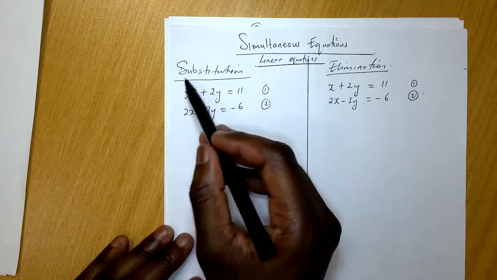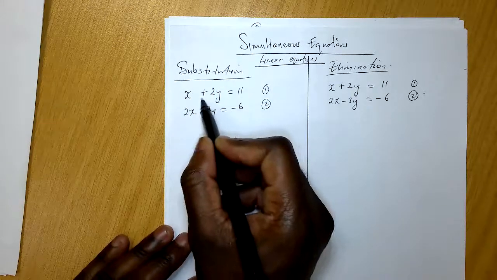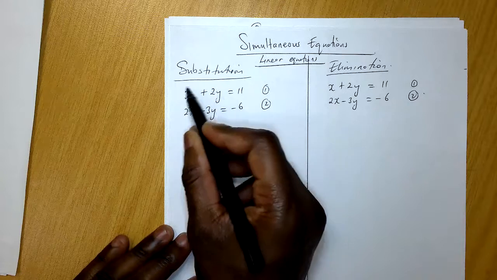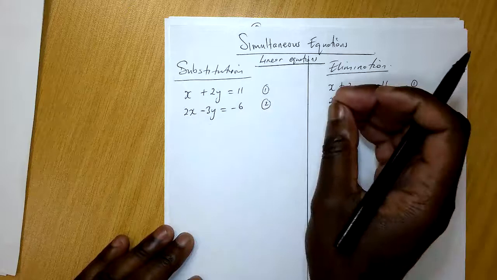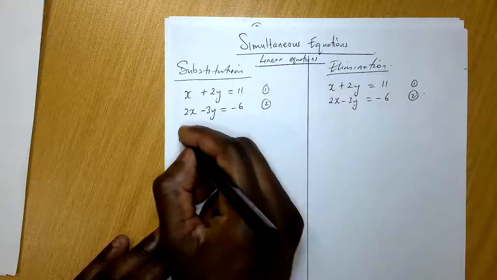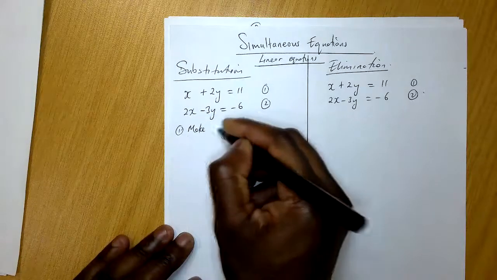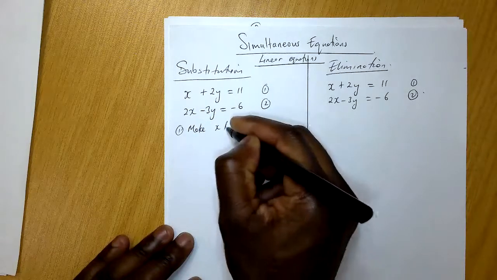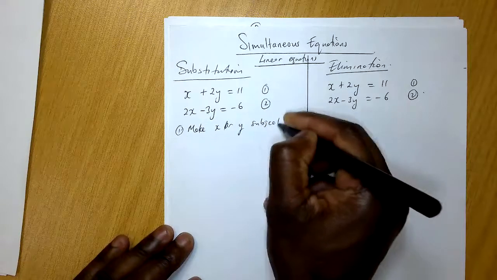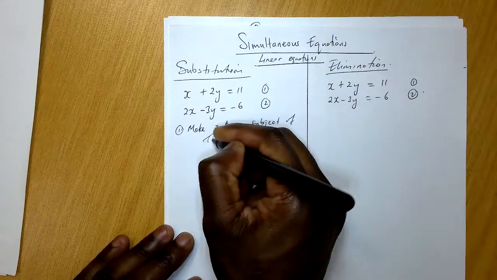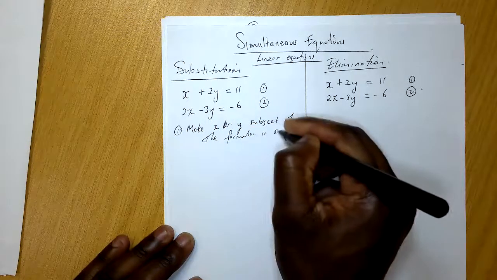So by the substitution method, the first step is to make x or y the subject of the formula in one equation.